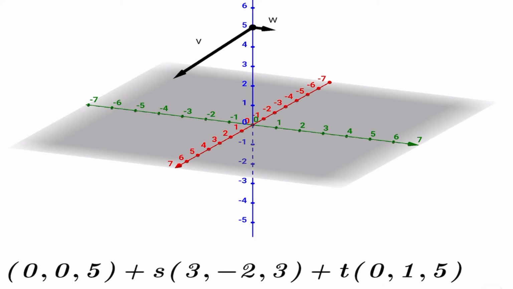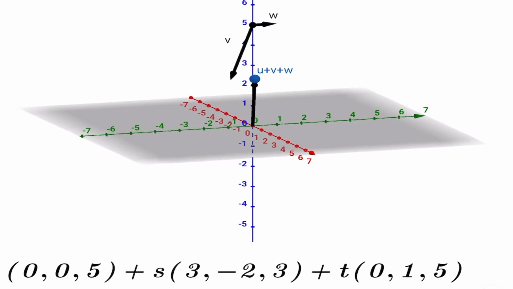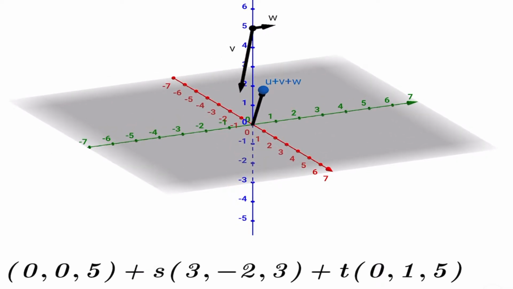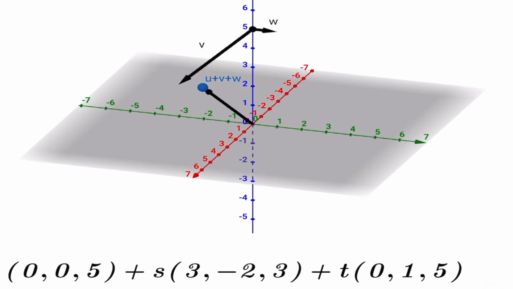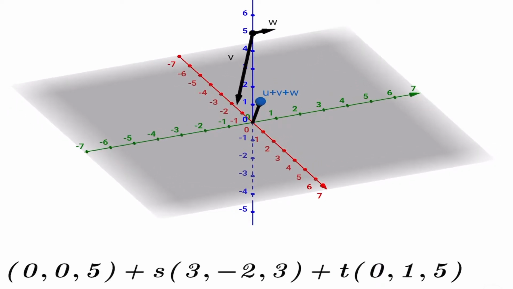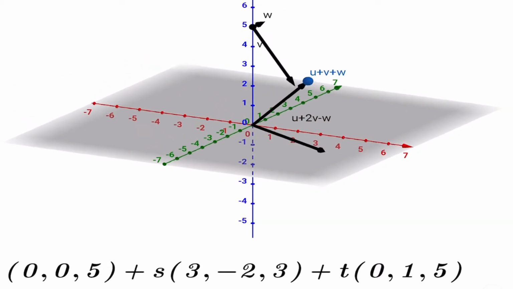Let's take a look at some points that exist on this plane. One point that exists on this plane is the point 3, -1, 3. How we got that was we take our point U, which is in this case 0, 0, 5, plus V plus W, and that'll give us a point on the plane. Likewise, we could take another linear combination of these vectors.